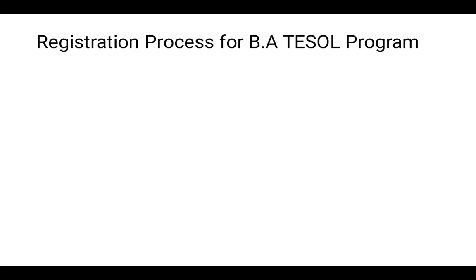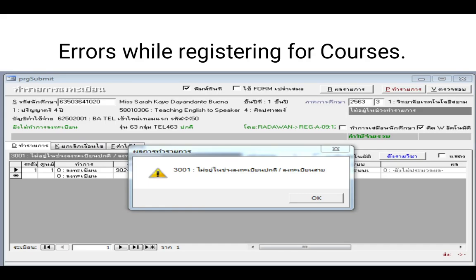While you're registering, you will see a lot of errors come up on the screen during the registration process. Some of them I have added here, and you will see how they look. For example, you will see an error like this, which says 3001.